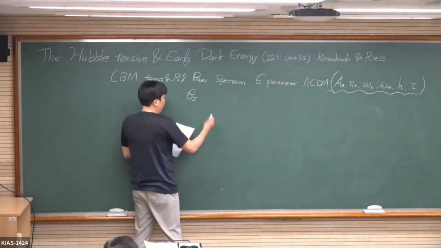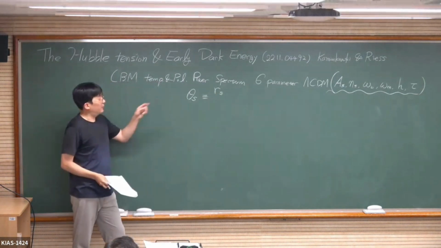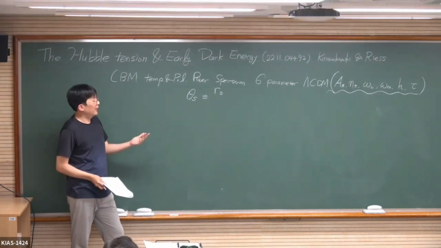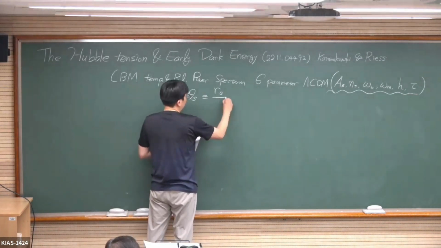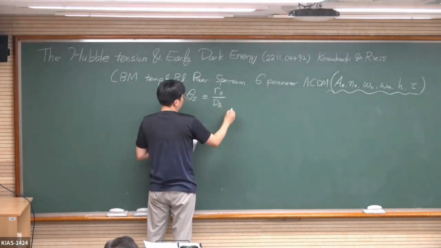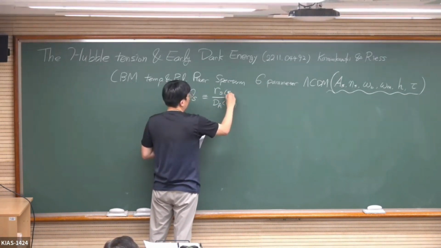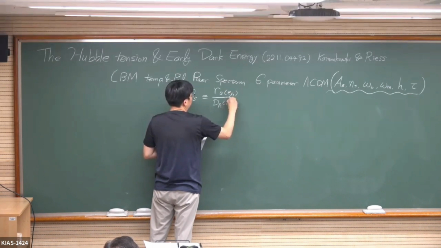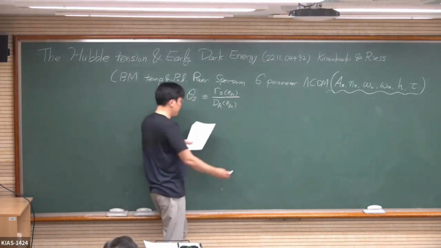It's defined by the sound horizon distance at redshift 1000, the decoupling or last scattering time, over the angular diameter distance to last scattering. LS here means last scattering of the bulk of CMB photons. And we measure this number.